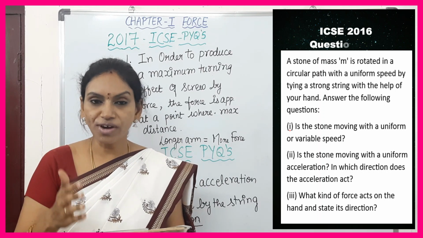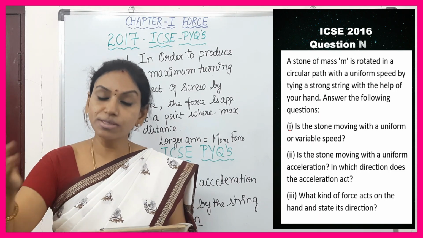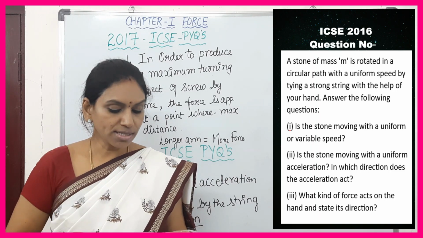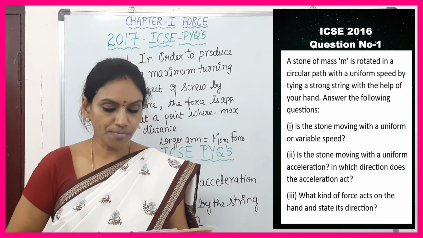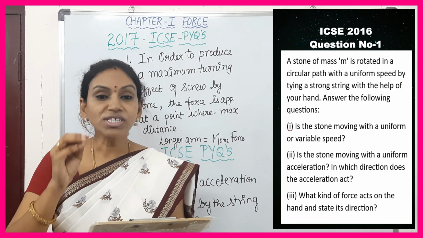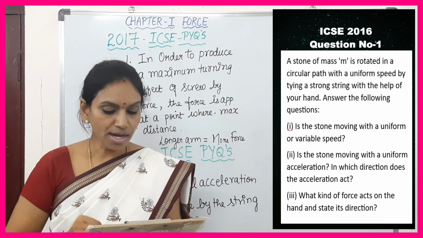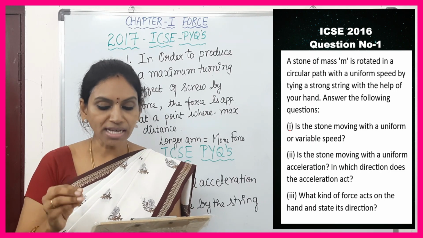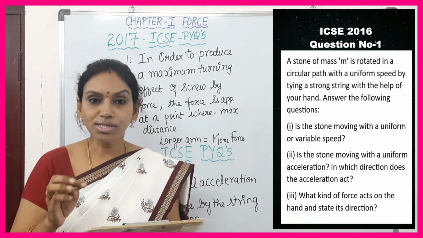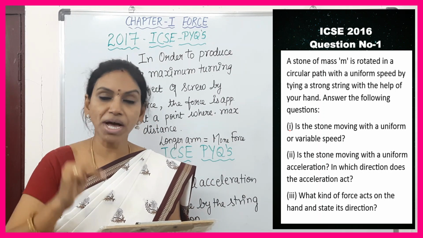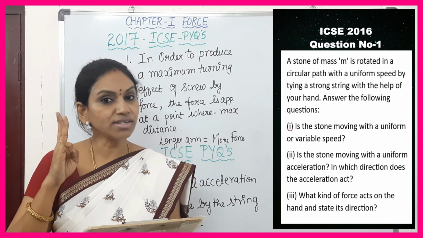They are asking us to find out whether the stone is moving with uniform speed or variable speed. Second: is the stone moving with a uniform acceleration, and in which direction does the acceleration act? Number 3: what type of force acts on the hand, and state its direction? This question carried 3 marks in 2016.